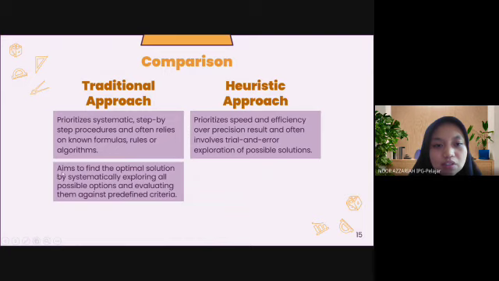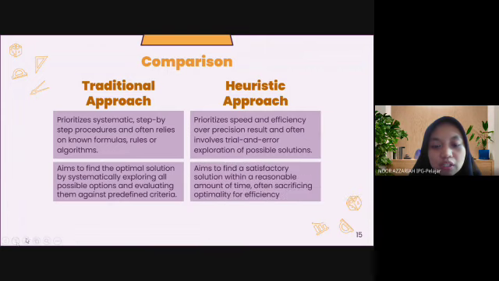Next, the traditional approach aims to find the optimal solution by systematically exploring all possible options and evaluating them against predefined criteria, while the heuristic approach aims to find a satisfactory solution within a reasonable amount of time, often sacrificing optimality for efficiency.